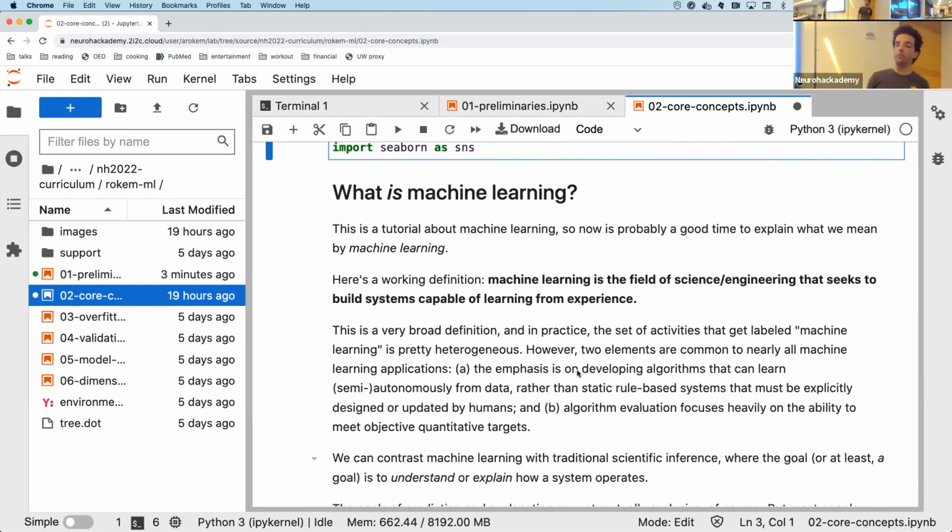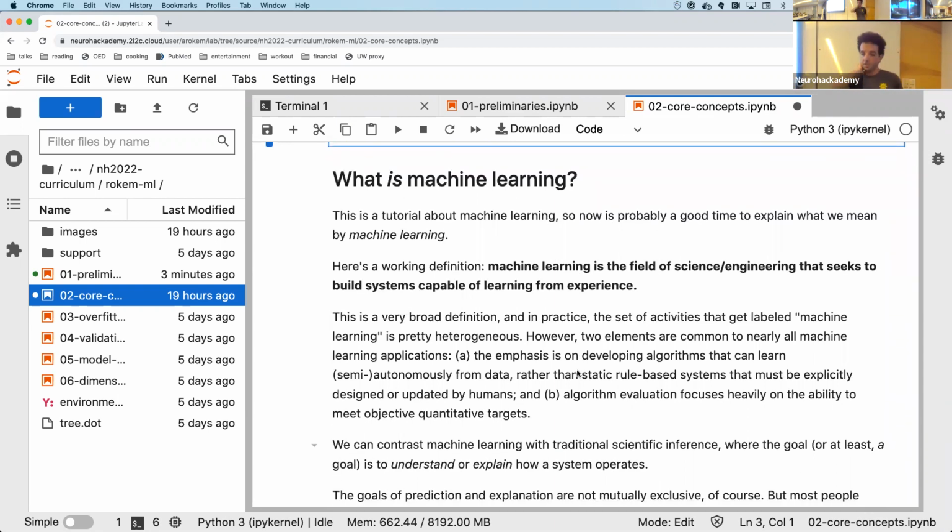So with that all imported into our notebook, let's talk a little bit about what is machine learning. Machine learning, as defined here, is the field of science and engineering that seeks to build systems capable of learning from experience. And like I said before, that's a very broad field that includes many different subfields. In practice, what ends up being labeled machine learning is very heterogeneous, sort of like the things that get labeled biochemistry.